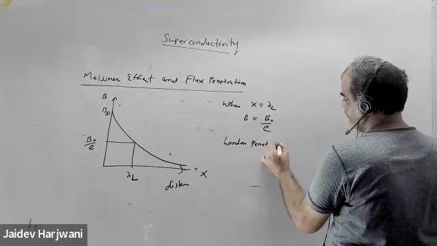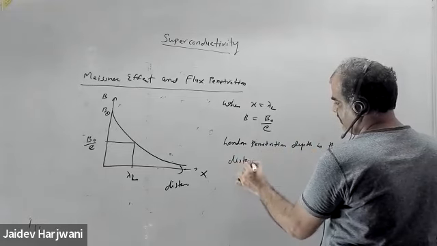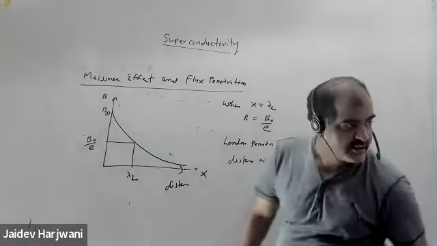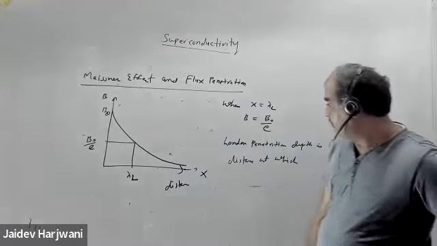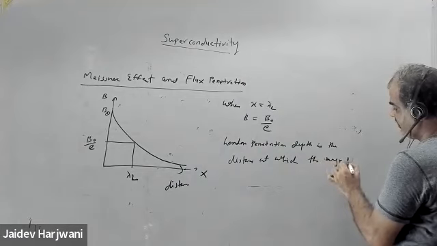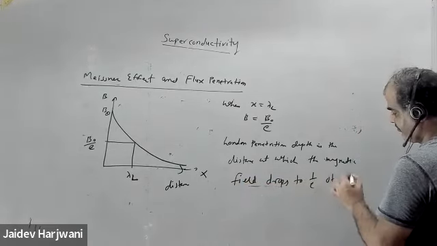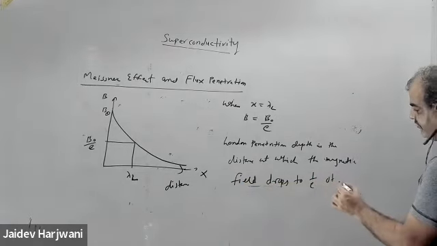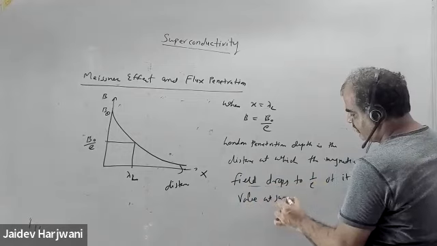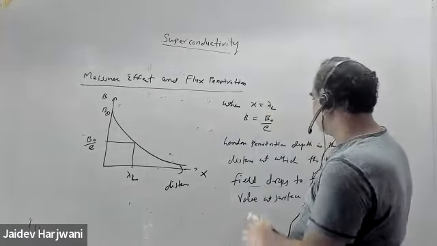The London penetration depth is the distance at which the magnetic field drops to 1 by e times its value at the surface. Whatever the value is at the surface, when it decreases to 1 by e times of that, that distance is called the penetration depth.